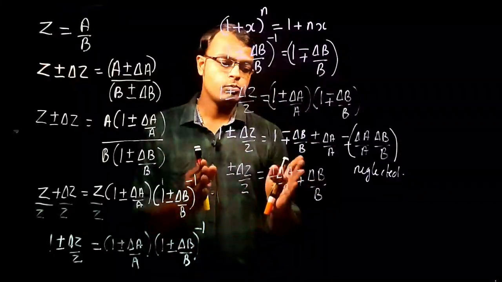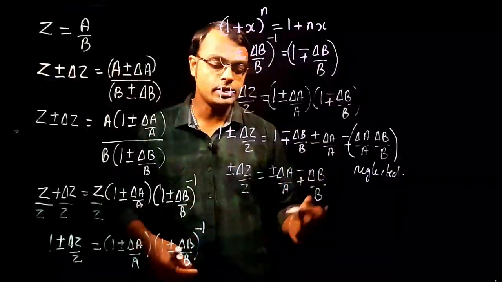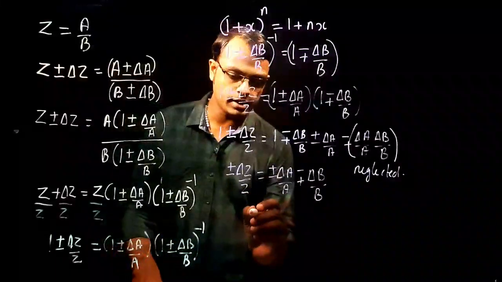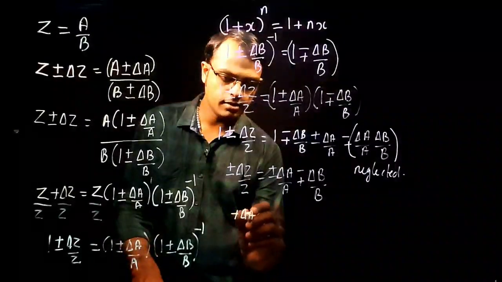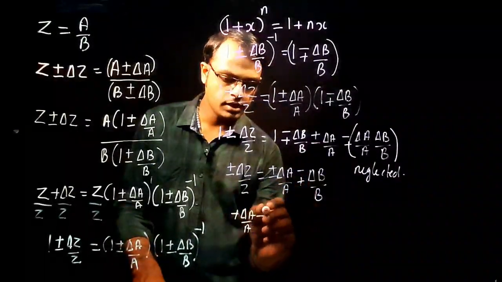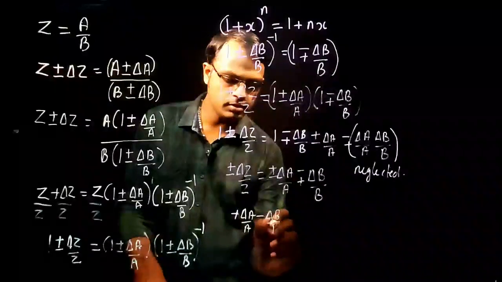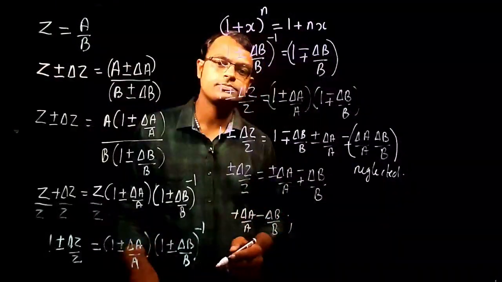Now what are the possible error combinations? The first one: plus Δa/a minus Δb/b. This is the first combination.